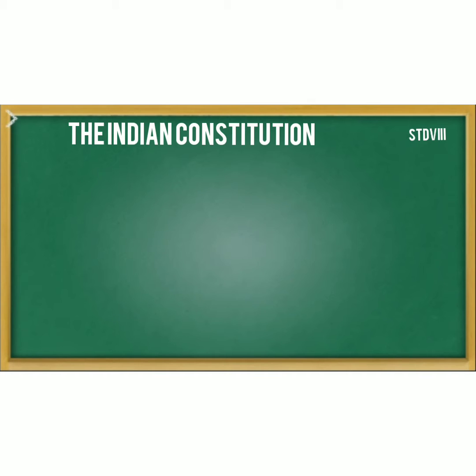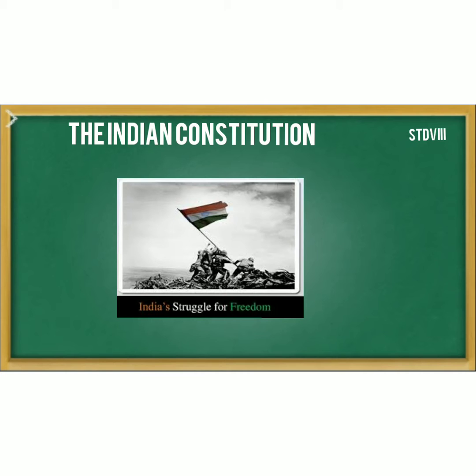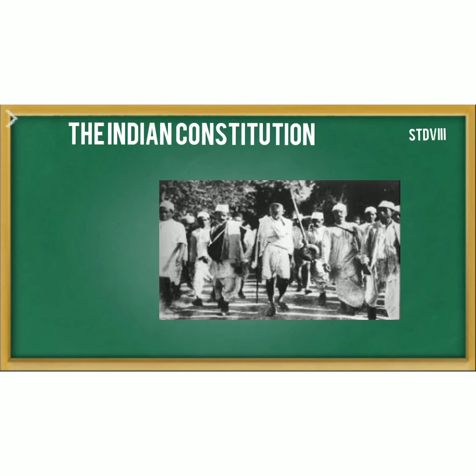And you can see during the beginning of the 20th century, which means during the starting of the 1900s, right? The struggle for freedom became so intense. You can see the most popular Salt Satyagraha or Dandi March, then boycott movements, then the non-cooperation movement, and all happened during this time, right?